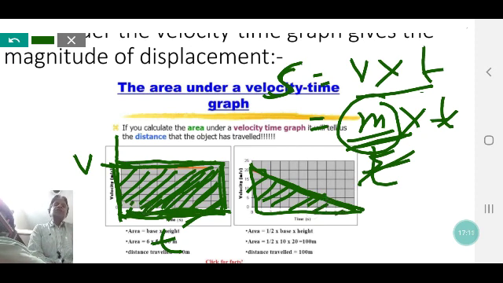In this graph, velocity is constant. In this graph, velocity decreases as the time passes. So it is an example of decelerated motion, negative acceleration. Velocity is gradually decreasing uniformly and becomes 0. But some distance must be covered by the decelerated motion also. And this area gives the value of displacement covered.